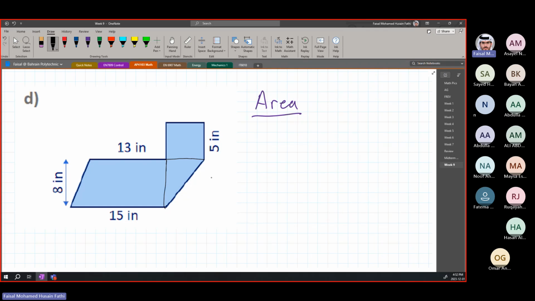You can do it in any shape that you are familiar with. If you feel like, oh, I don't know how to solve with the trapezoid, it looks confusing, just go and cut this into another triangle and solve that way. Have four shapes and add them, okay? But for the sake of solving it using a trapezoid to show you how it's done, I'll use the trapezoid. So I have three areas. I have this first area over here.